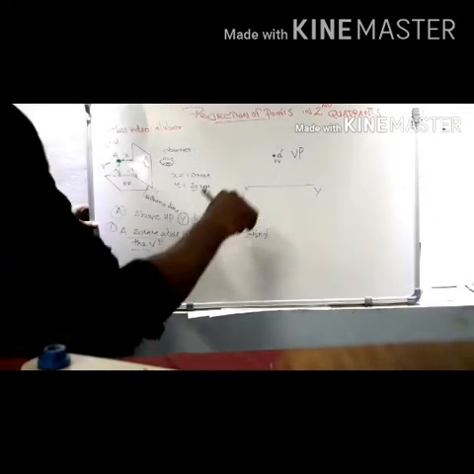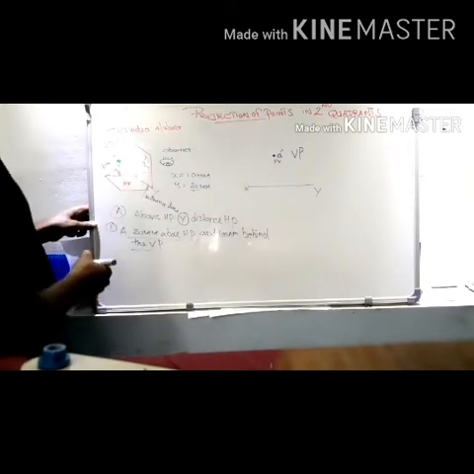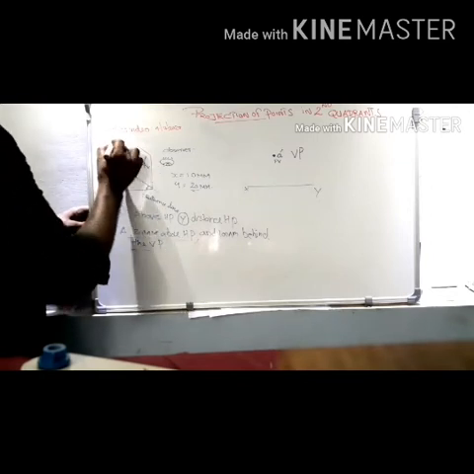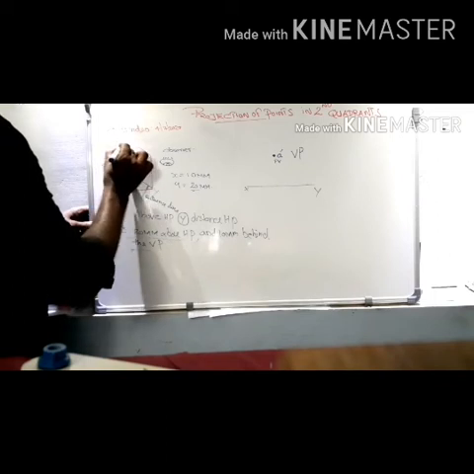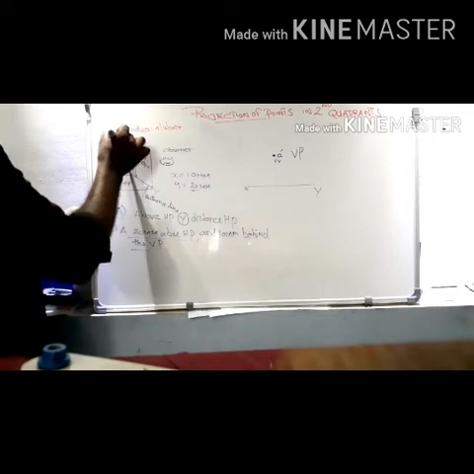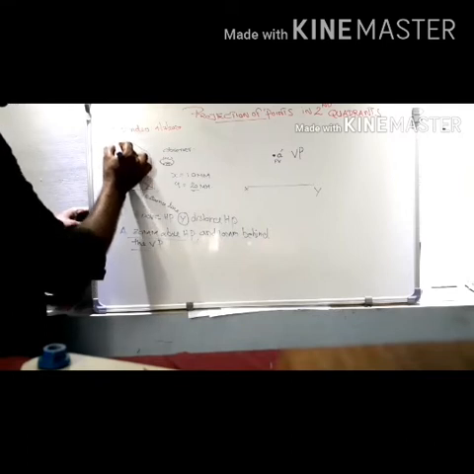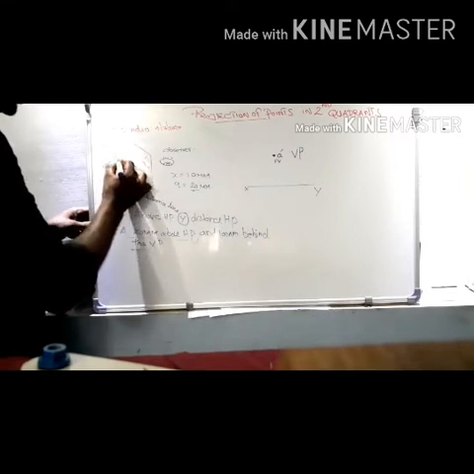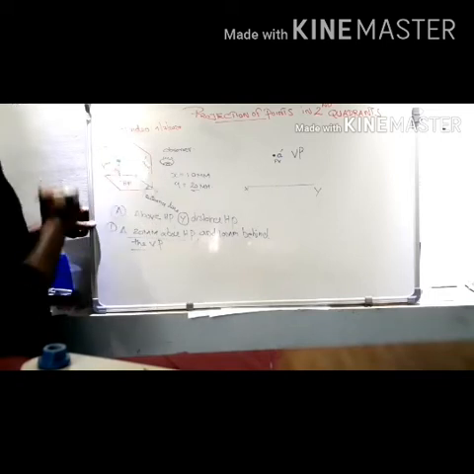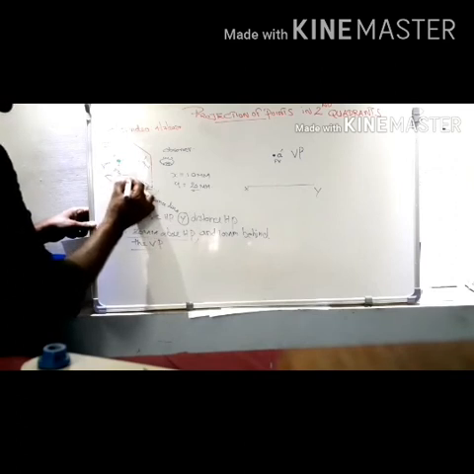Now what is the next step? Project its plan on its corresponding reference plane. Which is the corresponding plane? At that time the observer comes upside. While projecting the plan, the observer comes above the point. Now the image of point A is projected on HP, keeping the distance x from VP. The value of x is 10 millimeter.